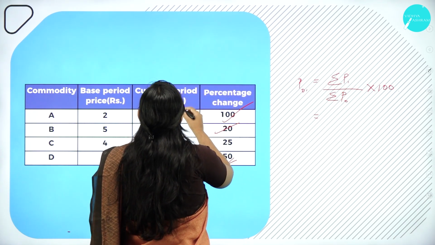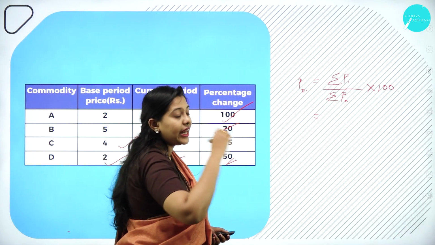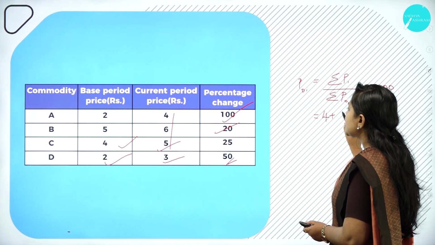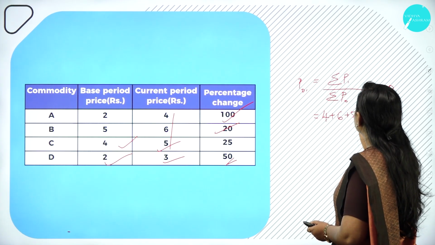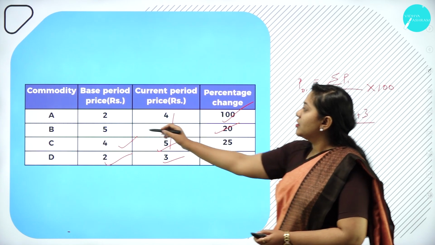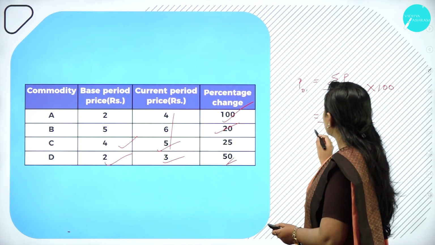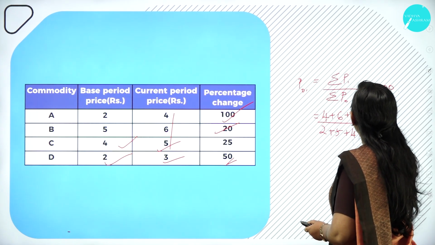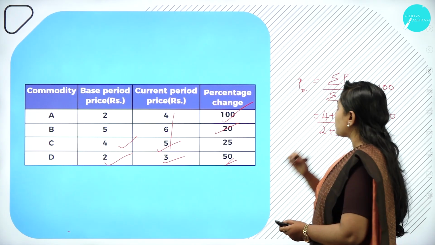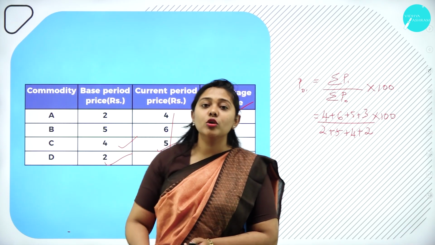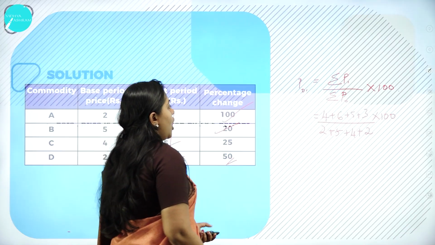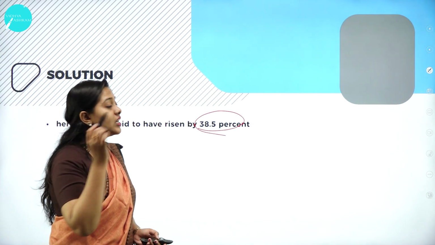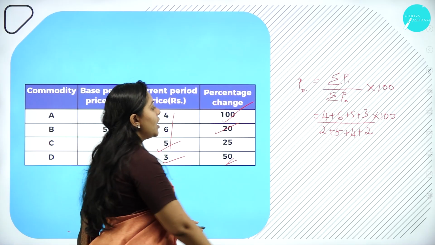Sigma P1, your current period price, we will take first: 4 plus 6 plus 5 plus 3, divided by the base period, that is 2 plus 5 plus 4 plus 2, into 100. If you substitute the values, what you get is 138.5. So 138.5 will be the answer.